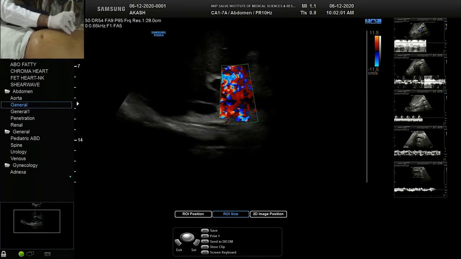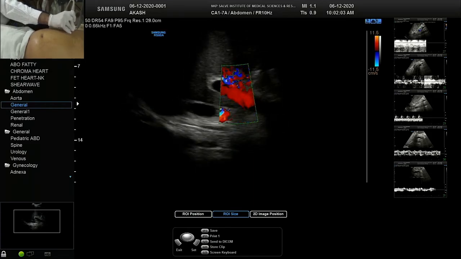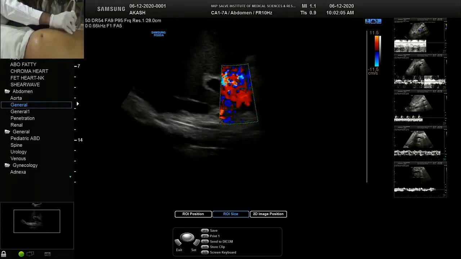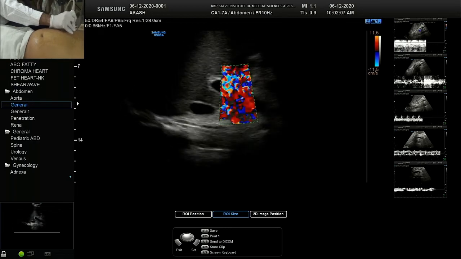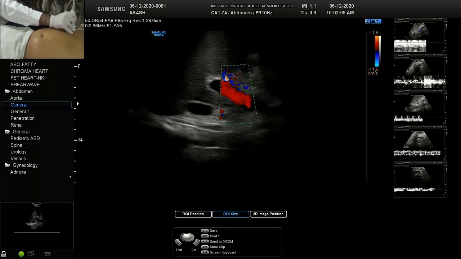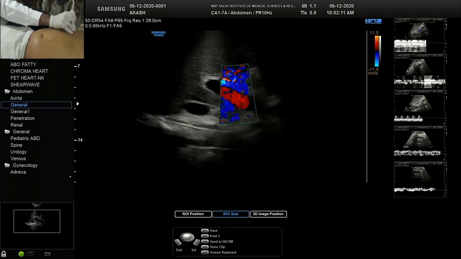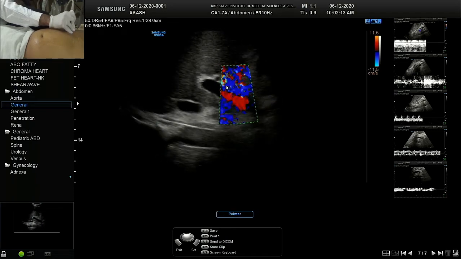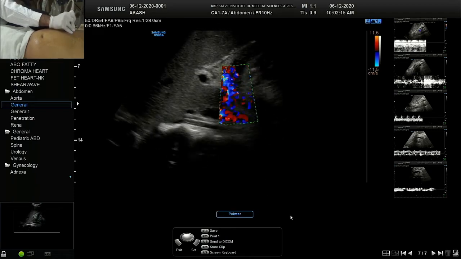That is the minimum size the machine gives for the box. I would have loved to have a smaller box size, because you are getting flow color signal from two vessels, the portal vein here and probably the hepatic artery there.